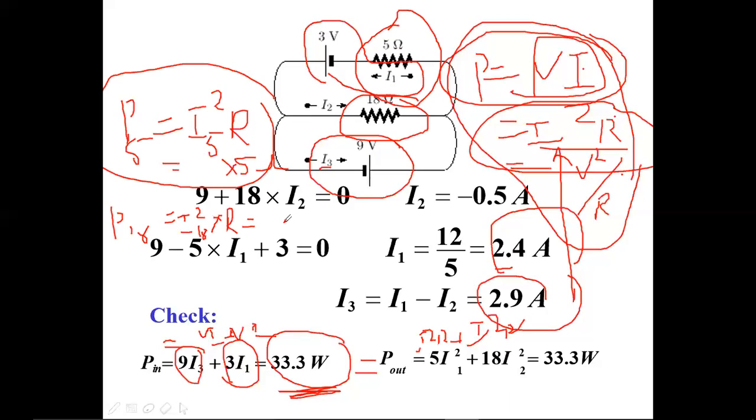Then I18 is nothing but I2. I2 value is minus 0.5, whole square, 0.25, into my resistance 18. Then you will get the same value, 33.33. Please do check your calculations from your side. So this is the way of checking the problem.